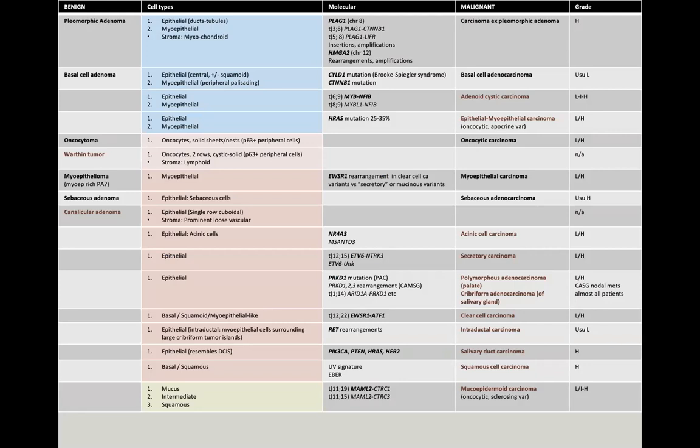On the left I've listed the benign adenomas, and on the right the malignant counterparts. Some tumors are only benign, some are only malignant, and some have both benign and malignant variants, like basal cell adenoma and basal cell adenocarcinoma, oncocytoma and oncocytic carcinoma, et cetera.